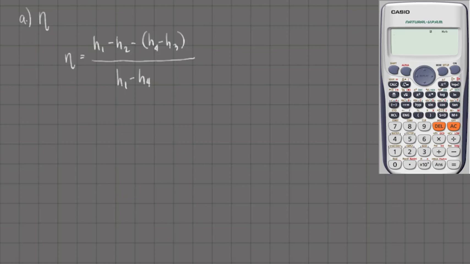We have here the formula for determining the thermal efficiency of the non-ideal Rankine cycle. It's still the same formula, but the values of H2 and H4 are now different for this problem.